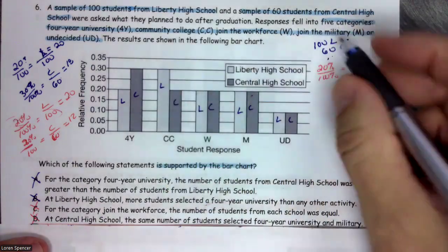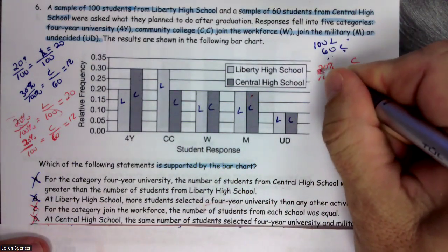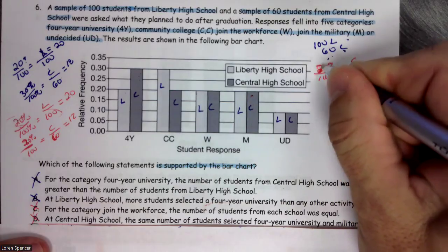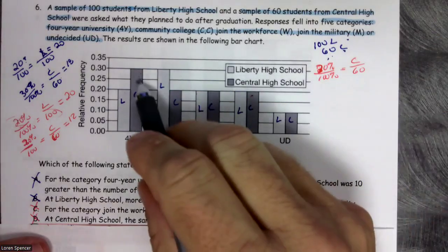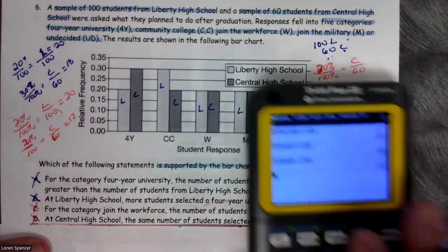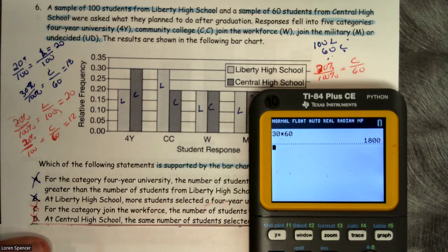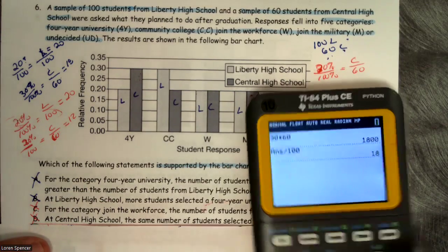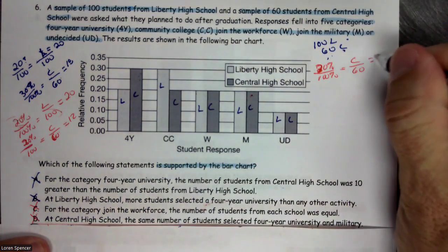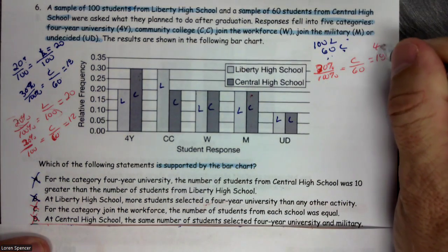Oh, I should have chosen, this is 30%. I'm sorry. This is 30% because it's 4-year. And if I go 30 times 60 and I divide by 100, we find that 18. So 18 chose the 4-year.